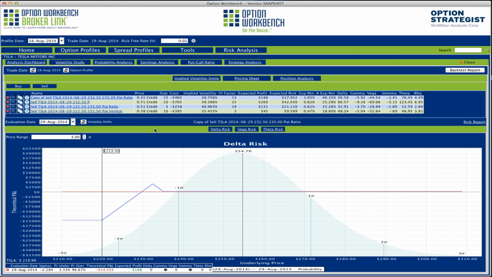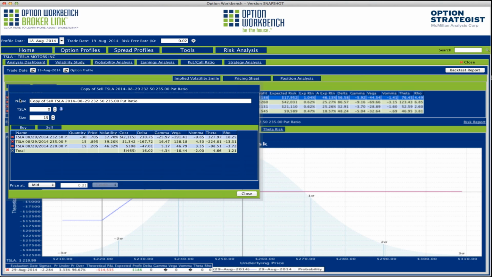So now first let me change the name of this spread here, and what I'm doing is actually buying the Tesla 220, 232, 235 broken wing butterfly.